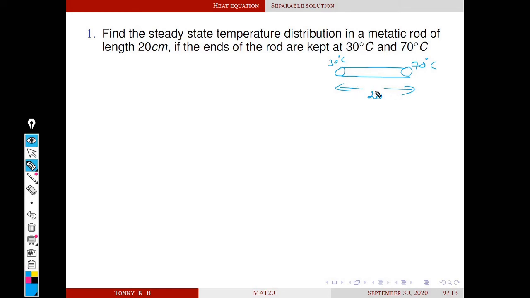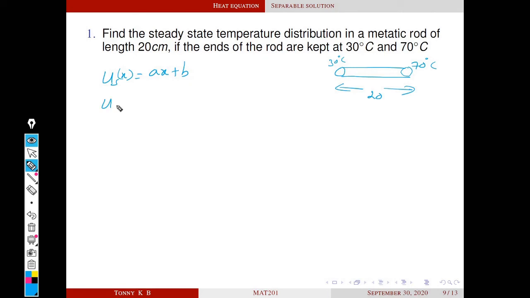It is given that the length is 20 and one side is 30 degrees Celsius and the other side is 70 degrees Celsius. We have to find the steady state temperature. We know that the steady state temperature U_S(x) is equal to ax plus b. Then what are the given conditions? Here, when x equal to 0, the temperature is always 30 degrees.